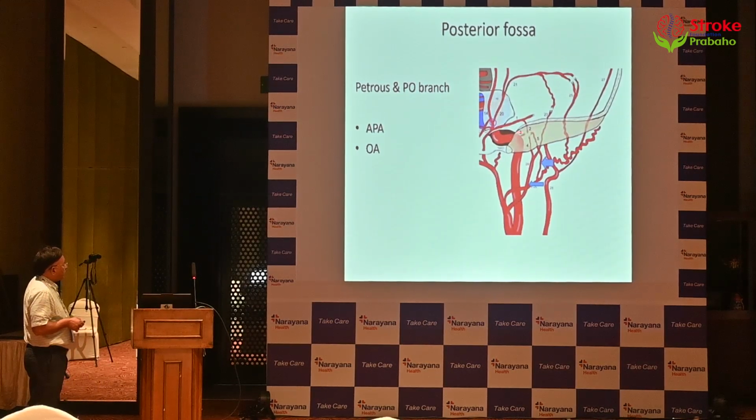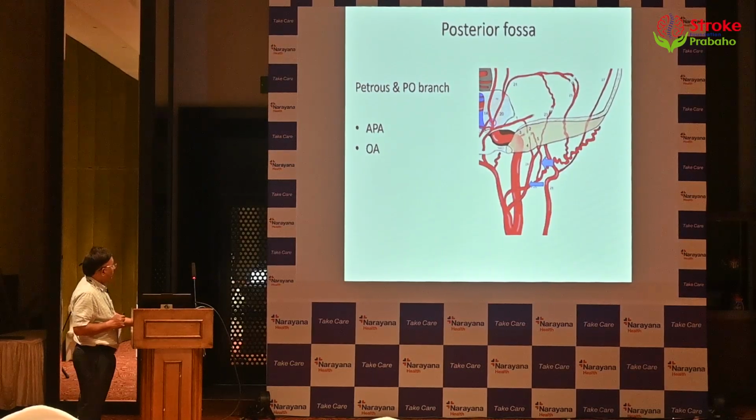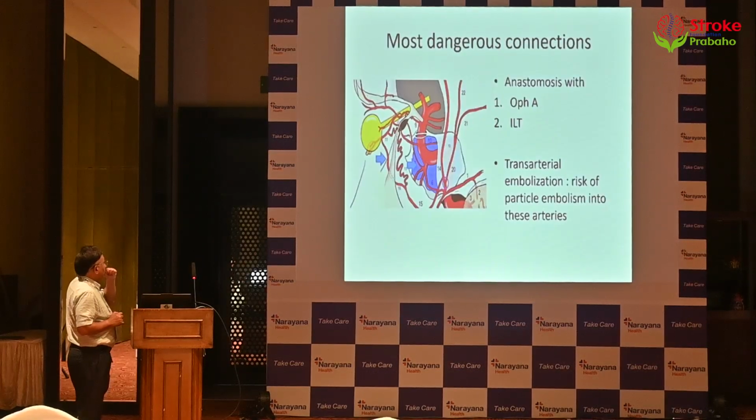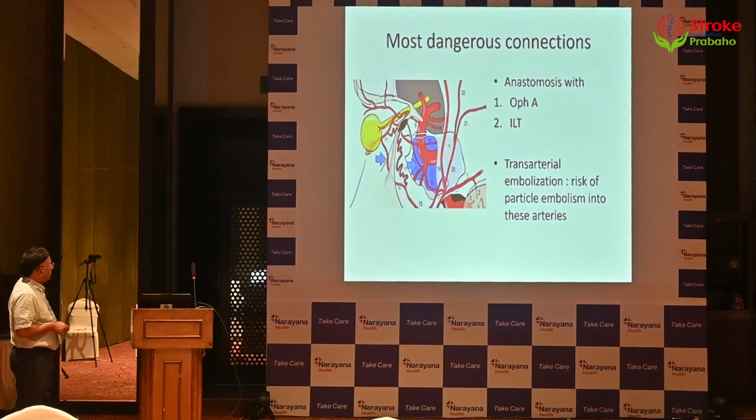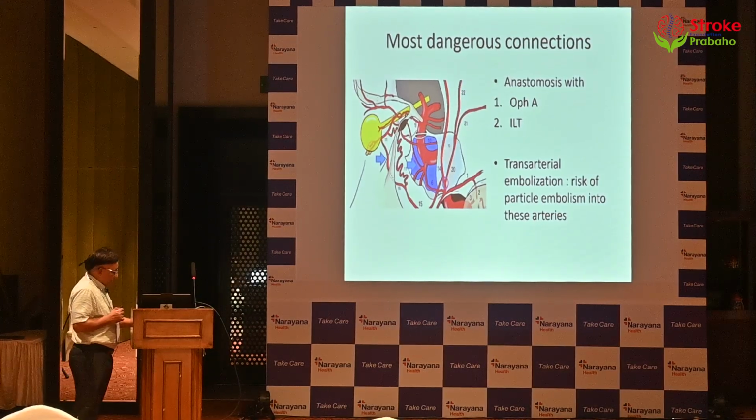So this is the posterior fossa, this is the middle meningeal artery, parieto-occipital branch, and it has communication with the occipital artery branches and the ascending pharyngeal artery branches. So the most dangerous anastomoses we have to remember are the ophthalmic and the inferior lateral trunk. So this is the communication with the inferior lateral trunk, and this is the communication with the ophthalmic artery. So these are the most dangerous anastomoses when you are planning for embolization, and transarterial embolization definitely poses a risk to these vessels.